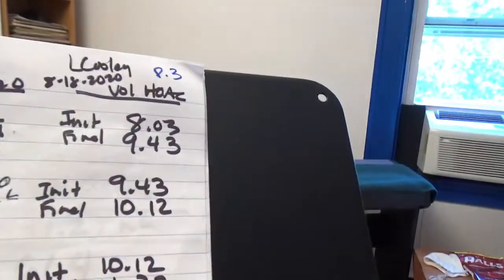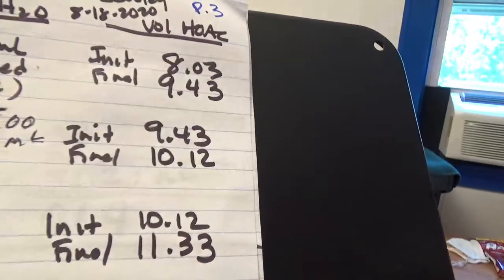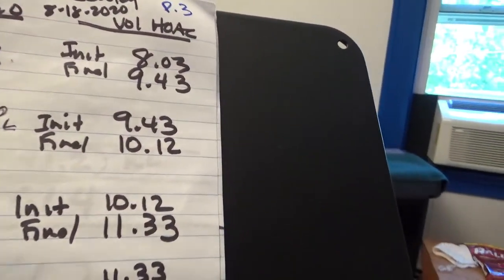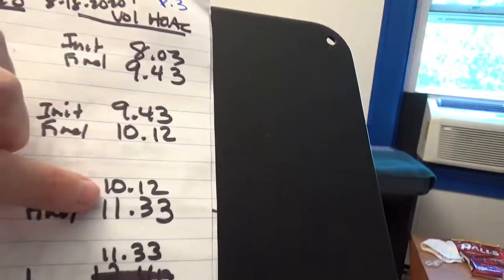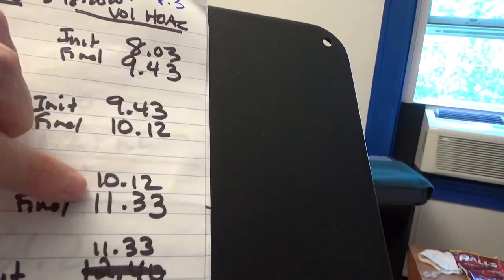Another thing I notice here is that going from 7 to 8, it only went from 9.43 to 10.12, which is about half of going from 8 to 9.4. And so it didn't make sense that this was half the amount. This is also more than a milliliter. This is more than a milliliter.